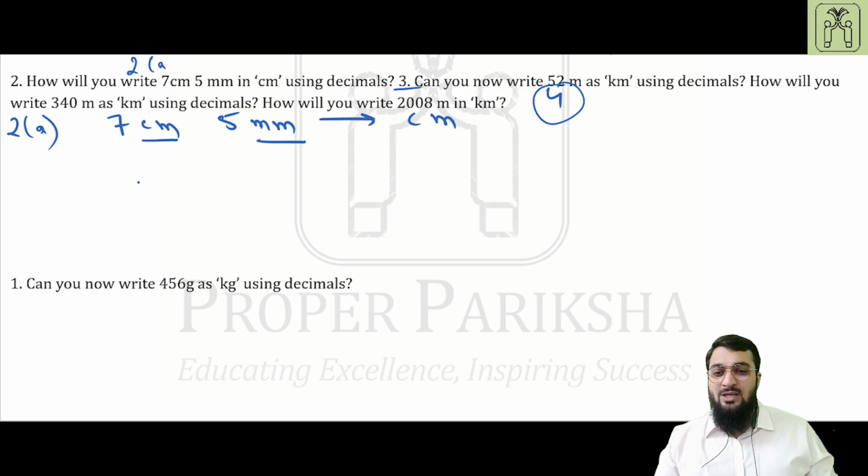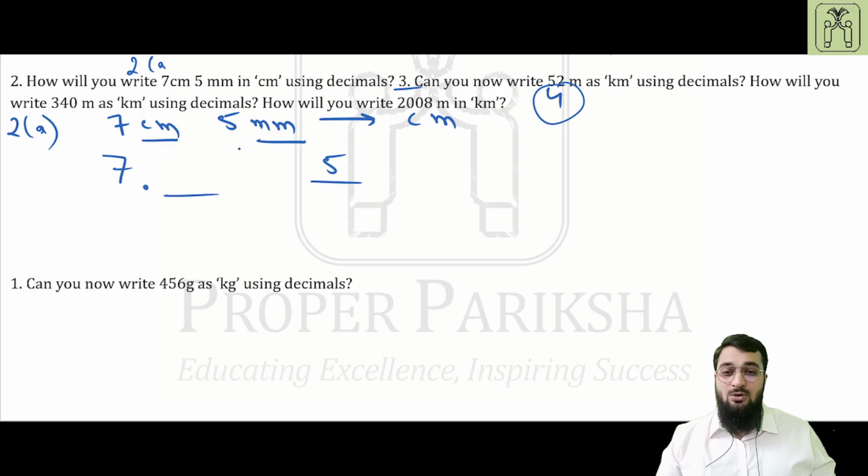So in order to write that, just mention the decimal point on the left side, mention the total elements or the whole segments, that is 7, and after that just write a dash. And in that, you will make a fraction that will include the numerator as the number of parts, that is 5, and the total number of parts that create that particular whole. So centimeter and millimeter, how many millimeters does 1 centimeter create? That is 10.